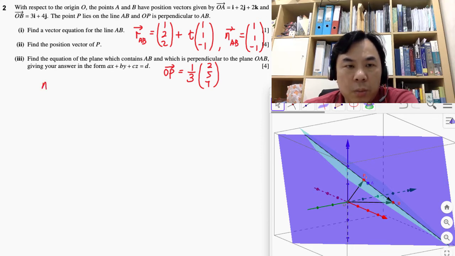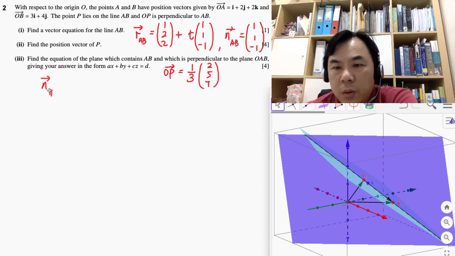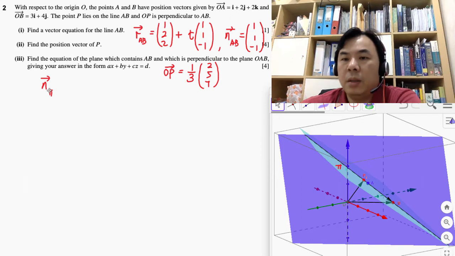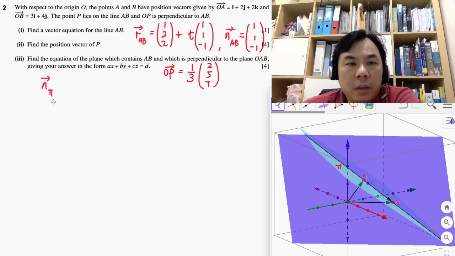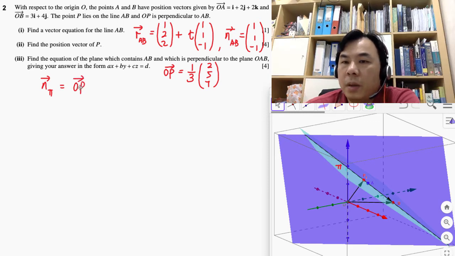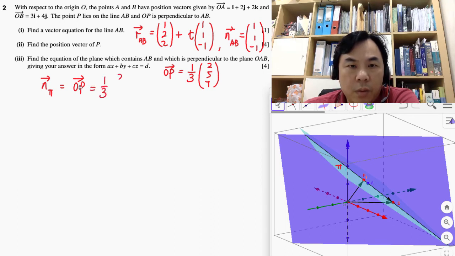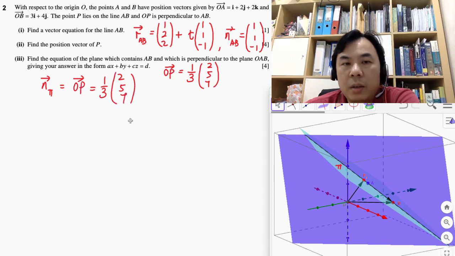The normal to plane pi is given by the vector OP, which is one third of (2, 5, 7).